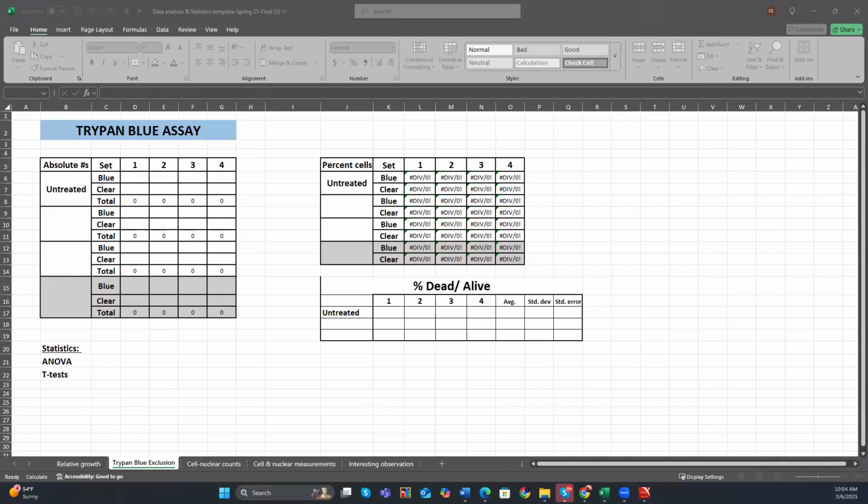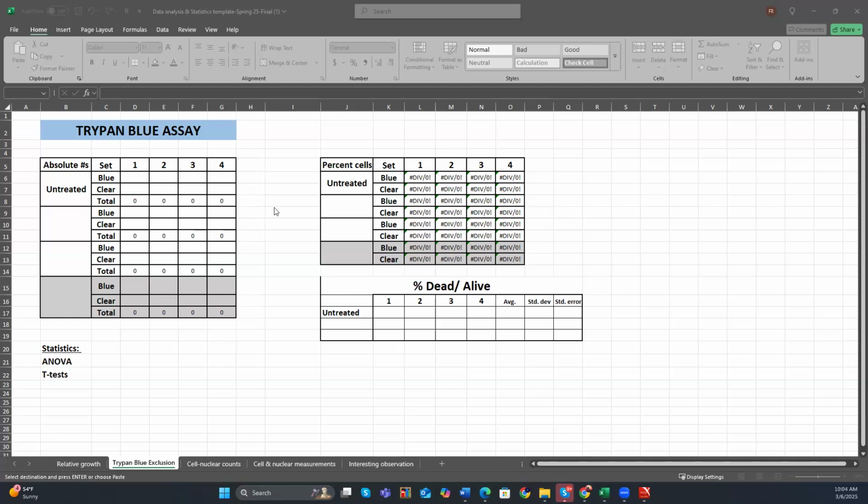If you're collecting numbers from data that's already typed, you should be able to just copy paste it. You're only going to copy and paste the number of blue and the number of clear. Do not copy over your totals.